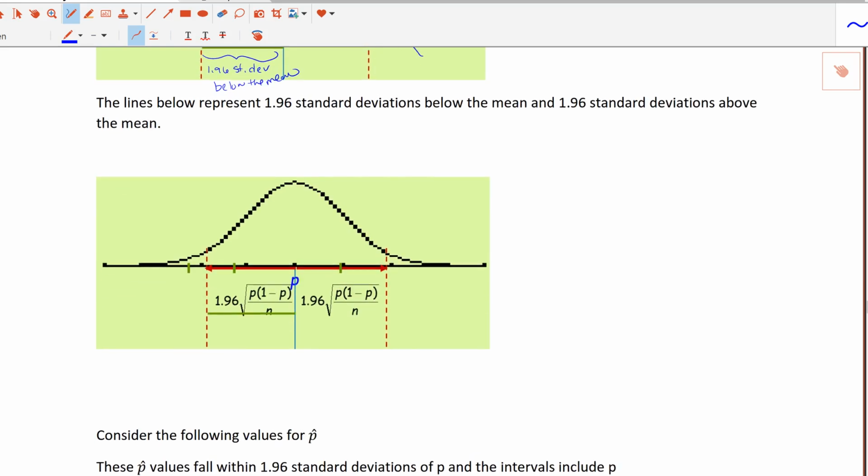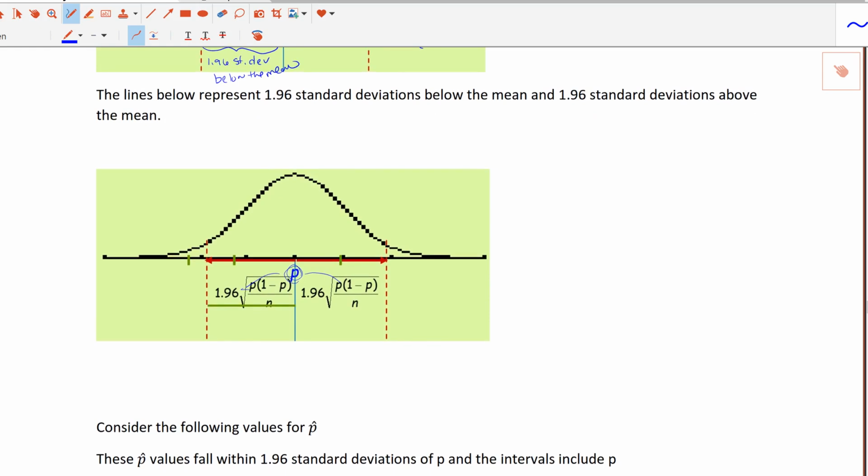Now, if we look at the standard error, the standard error means that P really could fall anywhere from this value minus this number and this value plus this number. So if we look at this, we know that the green line represents 1.96 standard deviations below the mean.